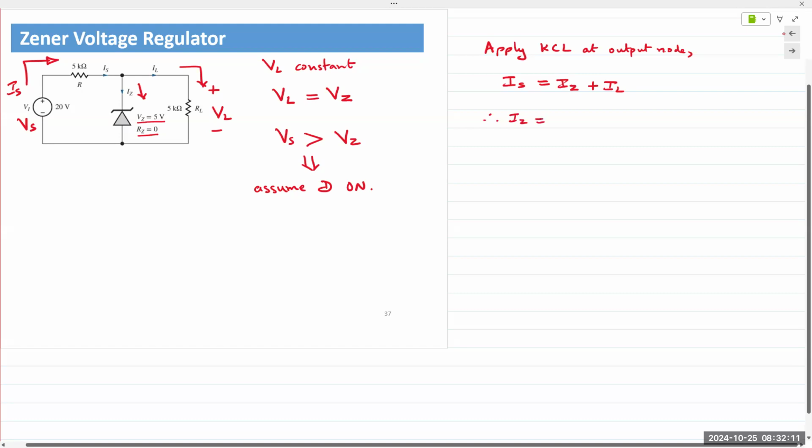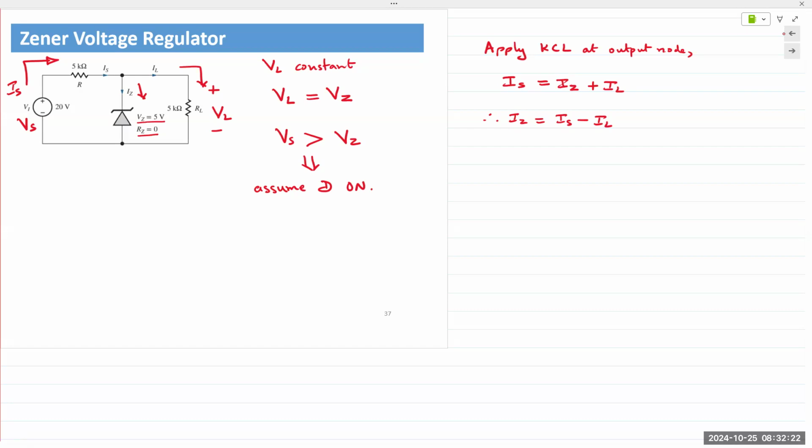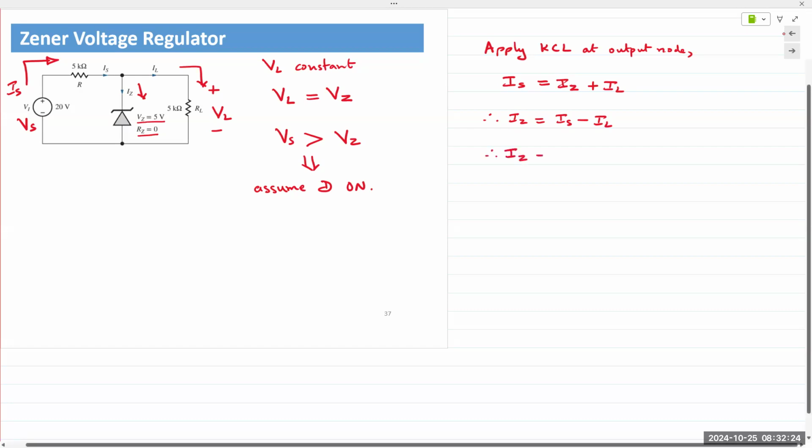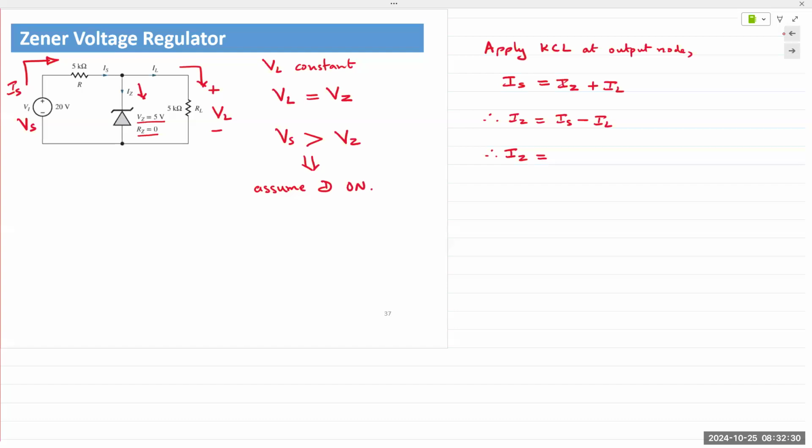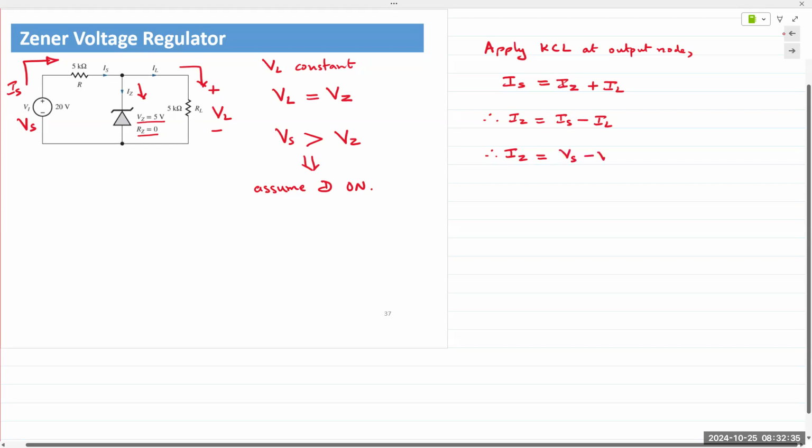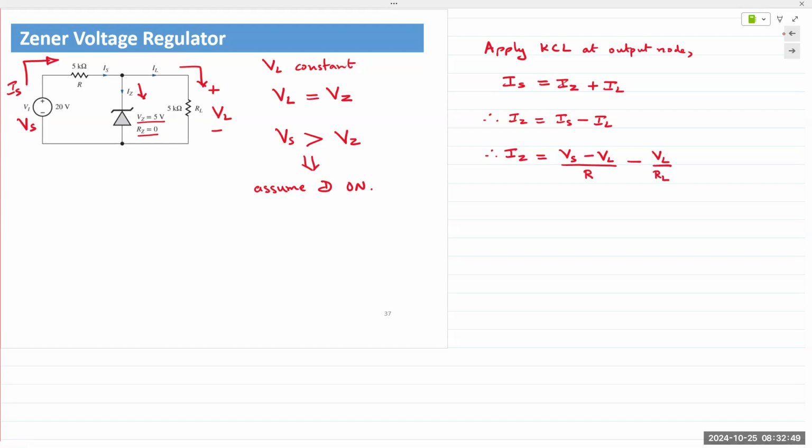Rearrange the terms, we get IZ is IS minus IL. Right, nodal analysis. Express each current in terms of the node voltages. And so we can write IZ is equal to the source current, which is passing through the 5,000 ohm resistor connected between Vs and VL. So I can write Vs minus VL divided by R, minus VL over RL. Our assumption is the diode is on.